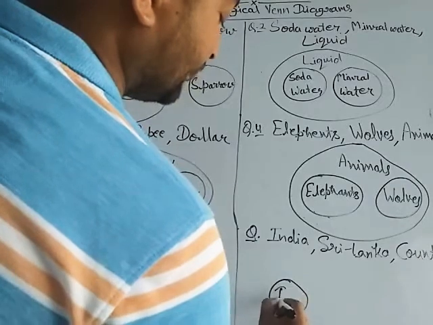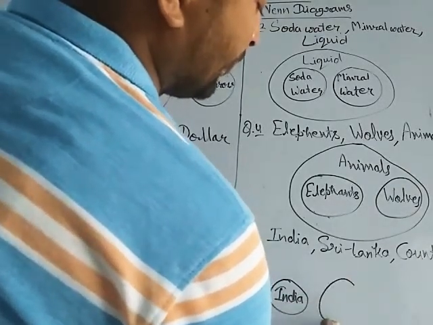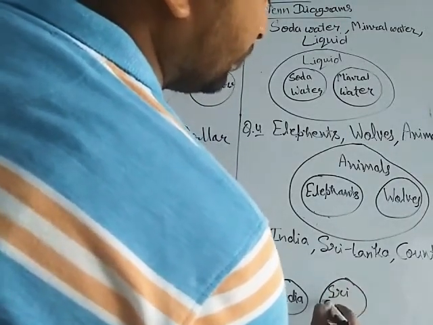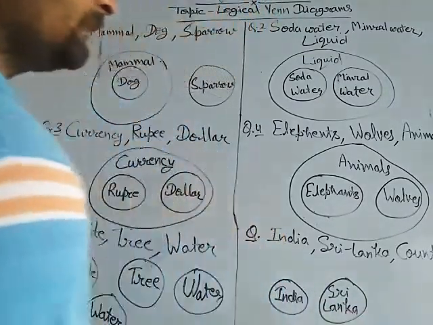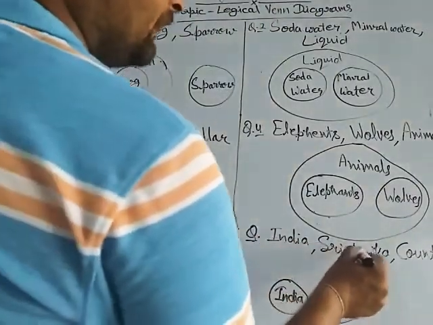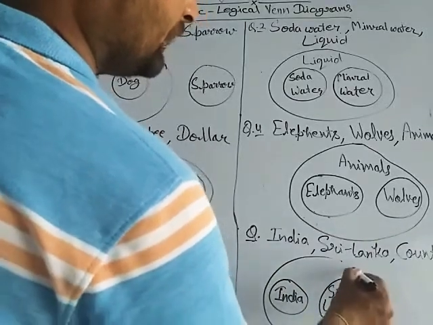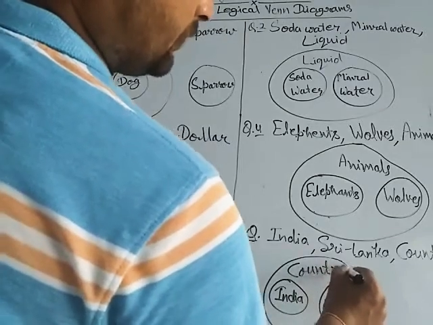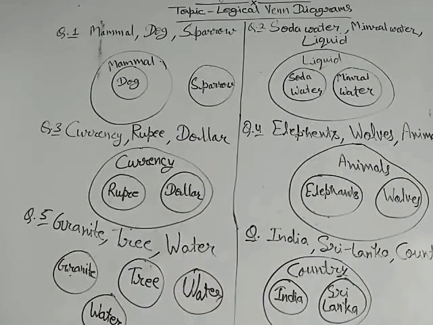Here is India, and India and Sri Lanka are different countries, so these will be in different circles. Both are in the category of country, so both will be in the country. It is the best representation for India, Sri Lanka and country.